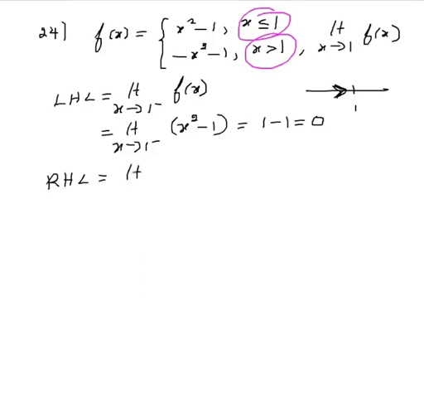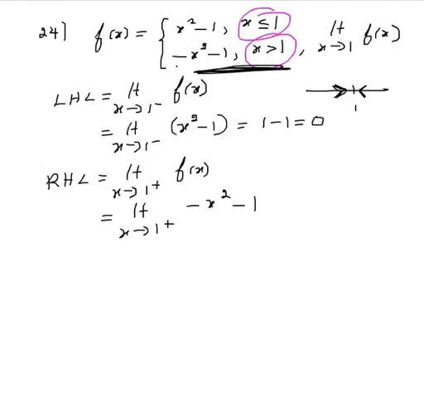Now limit extending to 1 plus f of x. So x approaches 1 from the right side of 1. Limit extending to 1 plus. We have to use the x greater than 1 definition. So minus x square minus 1. Polynomials are defined at all real values.